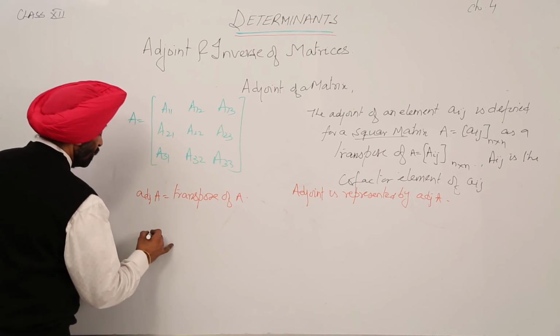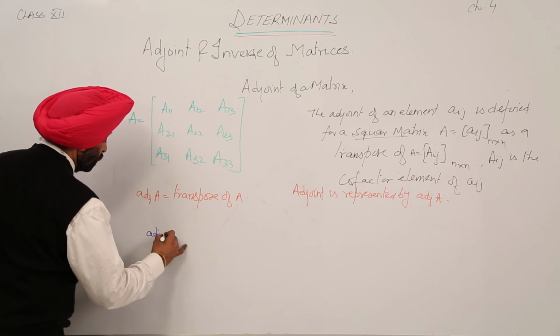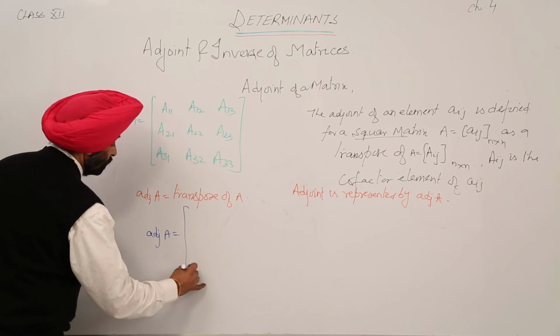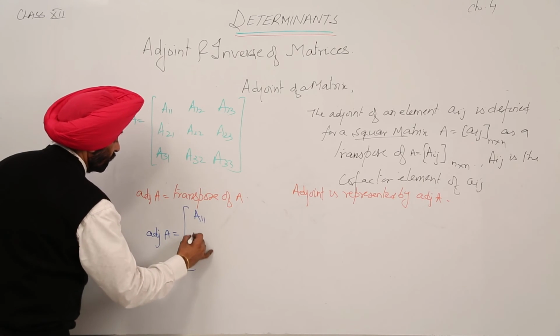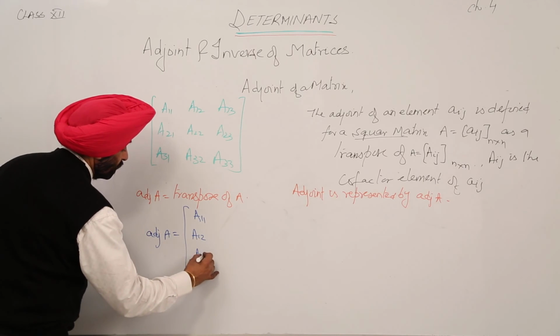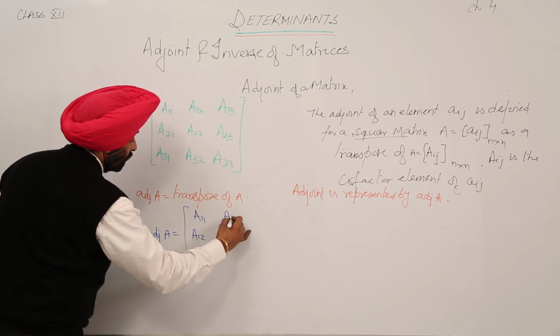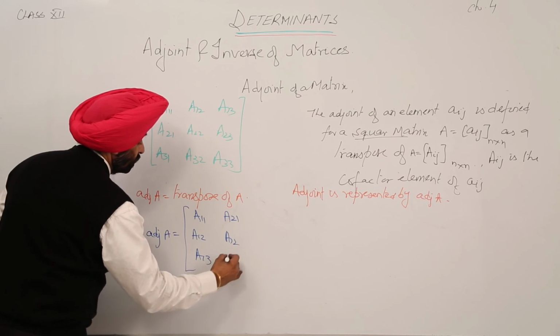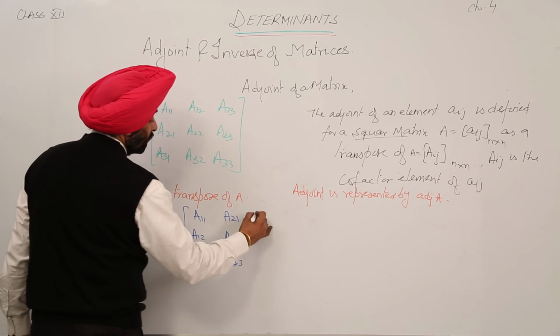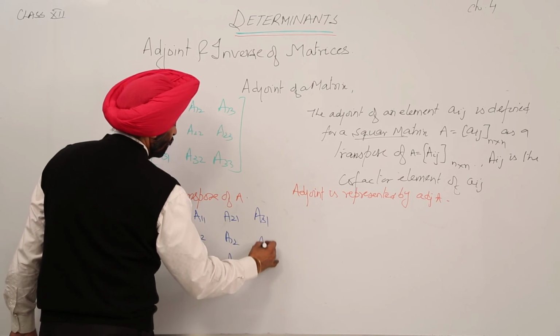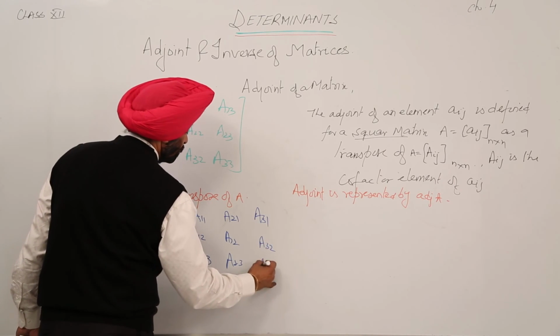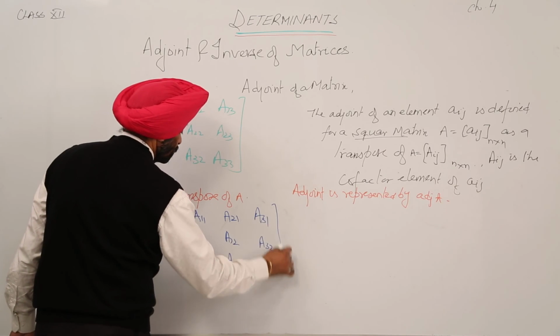So now adjoint A is equal to A11, A21, A31, A12, A22, A32, A13, A23, A33.